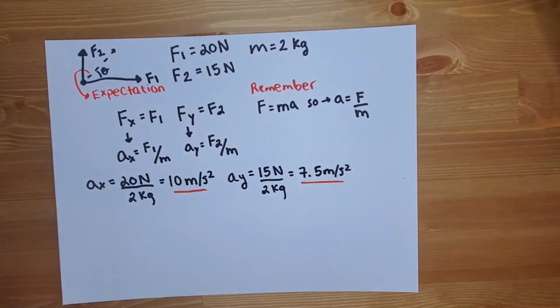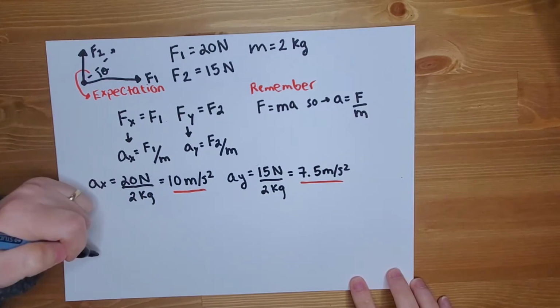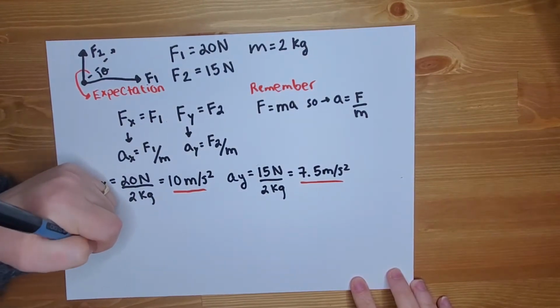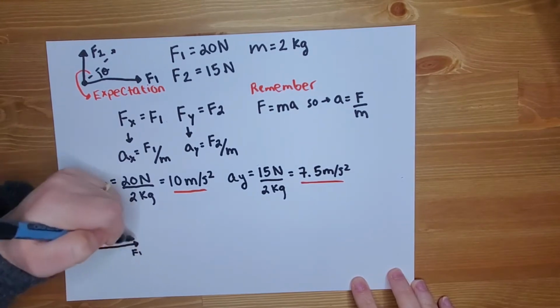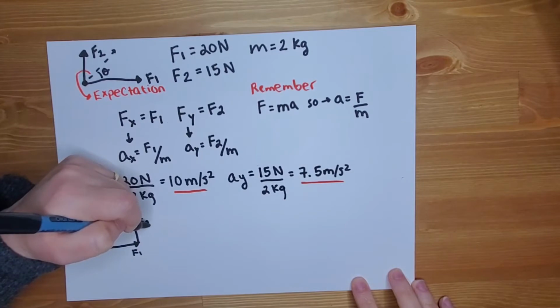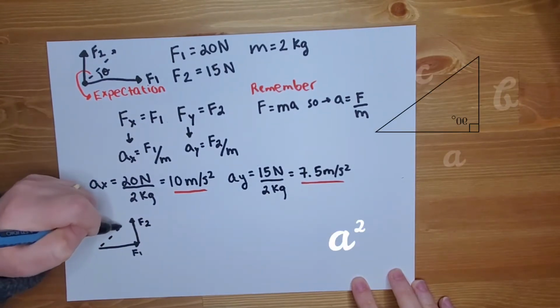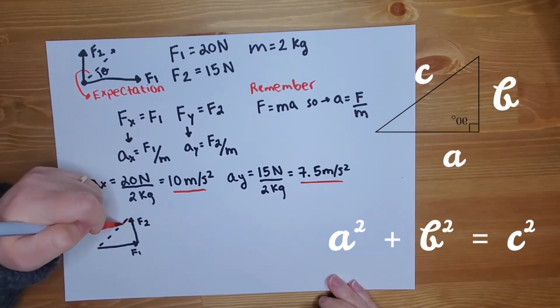Now, how do we actually get the acceleration from here? Since we have the vertical and horizontal components of the acceleration, all we need to do is go back to the Pythagorean theorem, which states that for a right angle triangle, we can add the horizontal squared, or a squared, plus b squared, the vertical squared, and then we get the hypotenuse squared, or c squared.